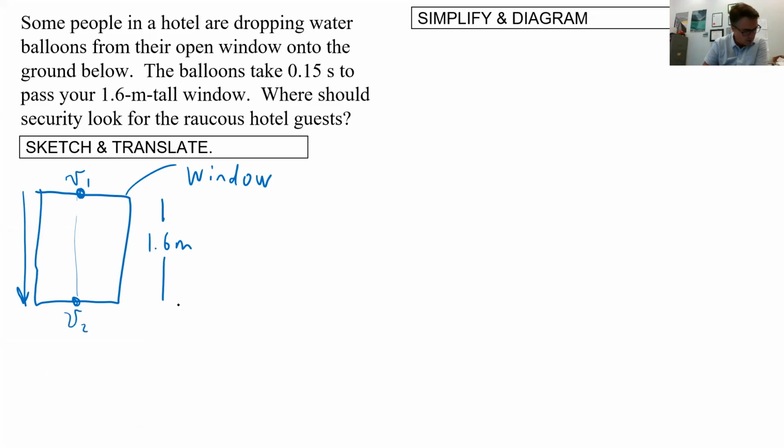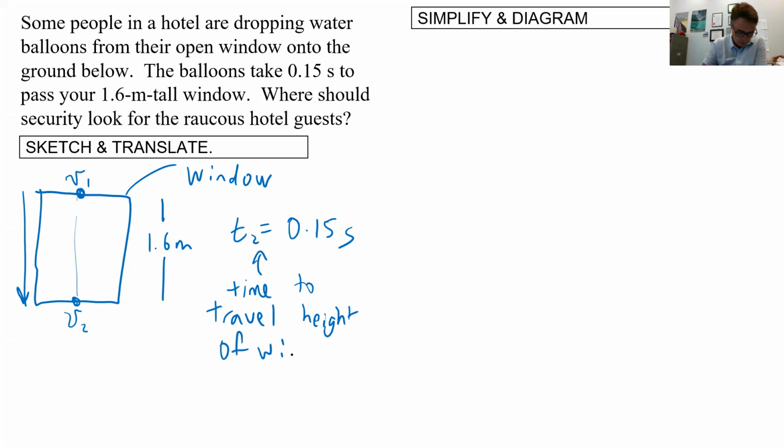But the point is that T2 is equal to 0.15 seconds. This is the time to travel the height of the window. So that's basically, I think, what they're saying.